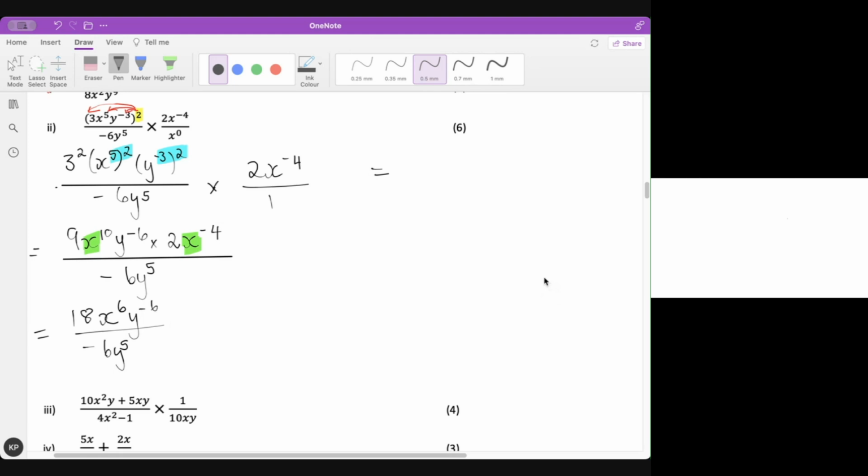Because we're dividing positive 18 by negative 6, it means it's negative 3, because it's 18 divided by 6. X, there's no other x, so it's just x to the power of 6. Okay, and then y, what happens when we are dividing two exponents?